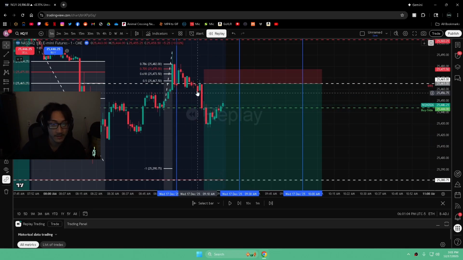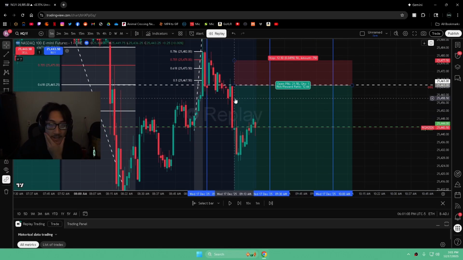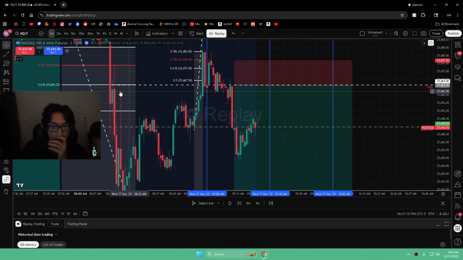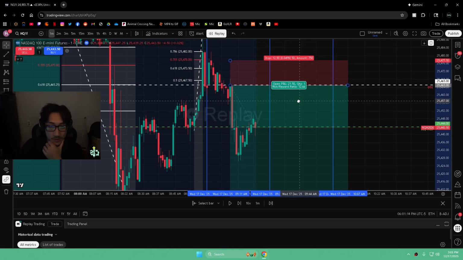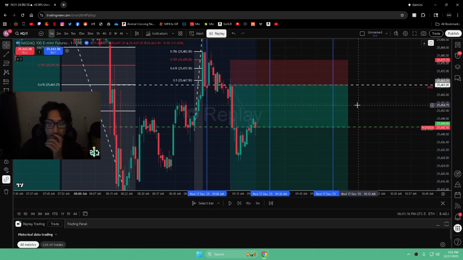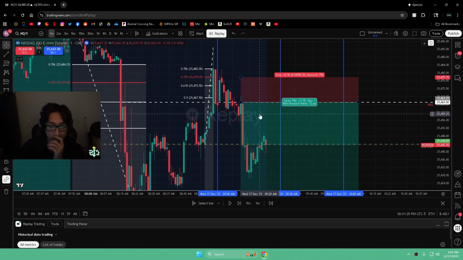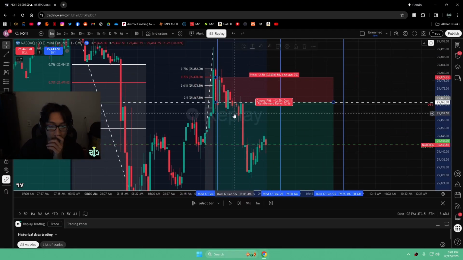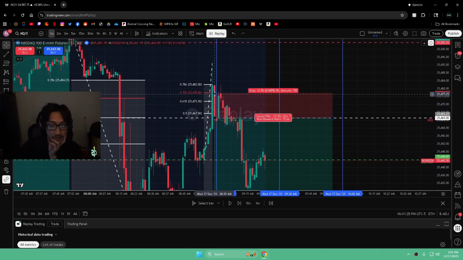Keep on playing. Right here, when you see this candle, these candles respecting your OTE range, you could probably get into a trade here, right? It's all about your timing, right? If you went into this trade and had a limit buy and had your SL at just 50 like usual, you're gonna get stopped out.